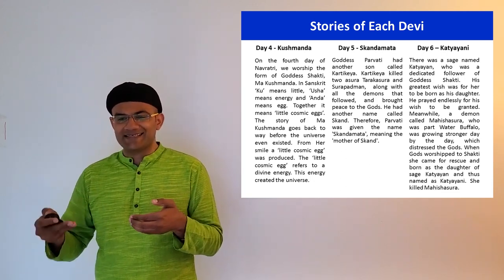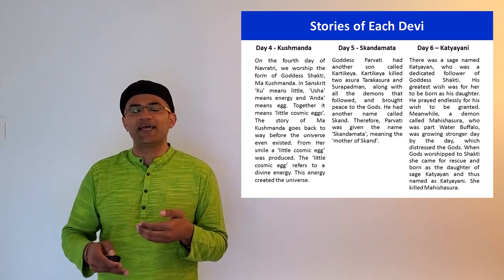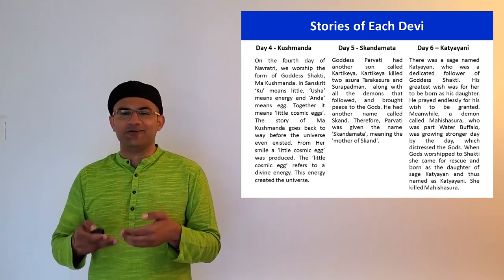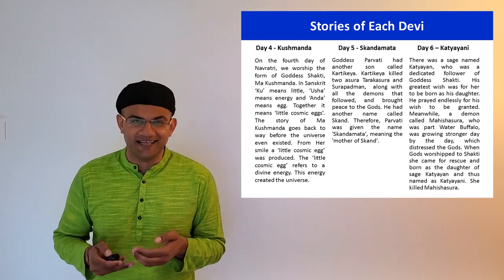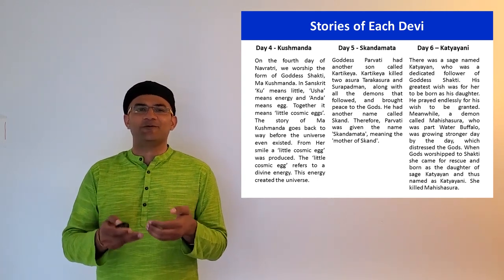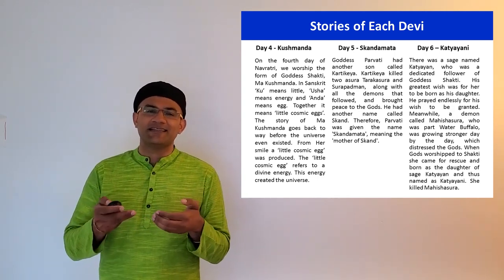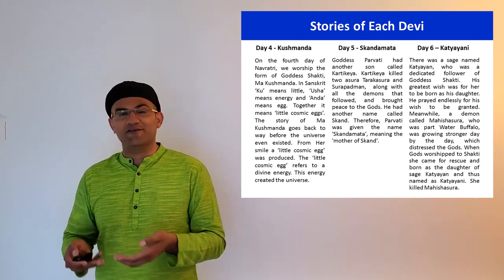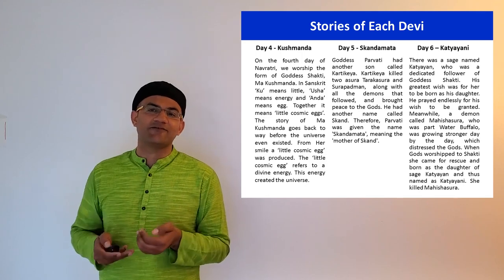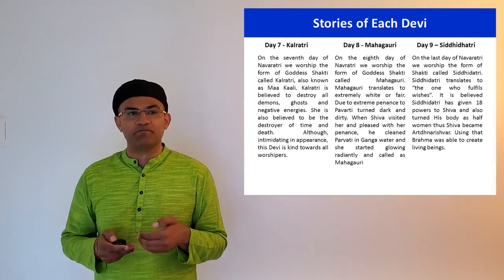So this Shakti was born into the family of Katyayan Rishi. That's how she got the name Katyayani, because Katyayan was her father. Then she killed the demon Mahisasura, and the devas won the war. So that's the legend of Katyayani on day 6.